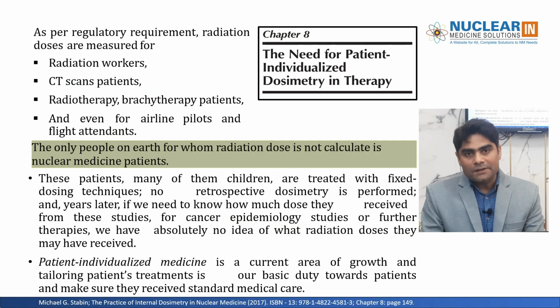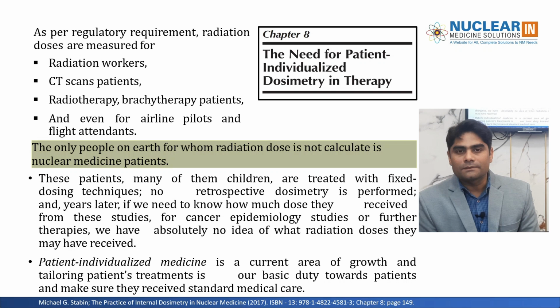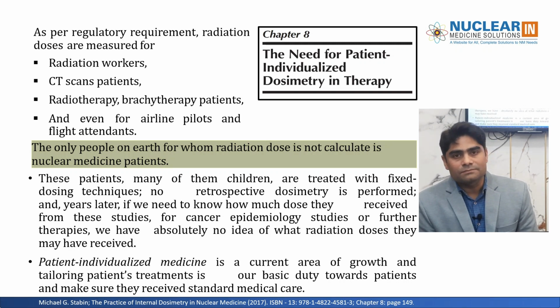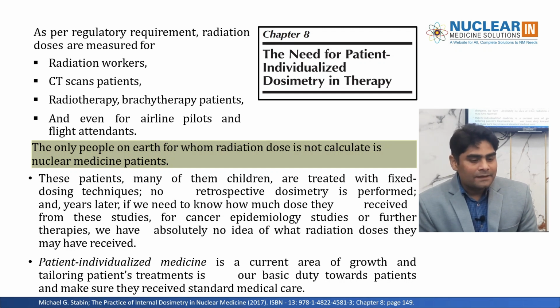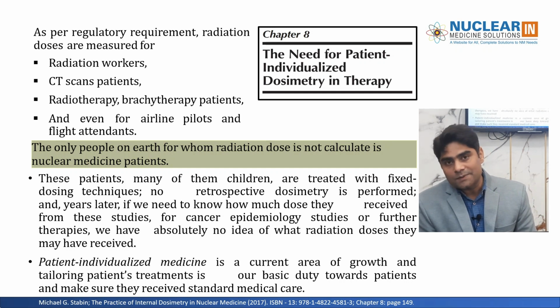Dr. Michael J. Stabin, who has been a pioneer in dosimetry, and who has designed so many phantoms and written so many papers and books on nuclear medicine dosimetry, says that the only people on earth for whom radiation dose is not calculated are nuclear medicine patients.